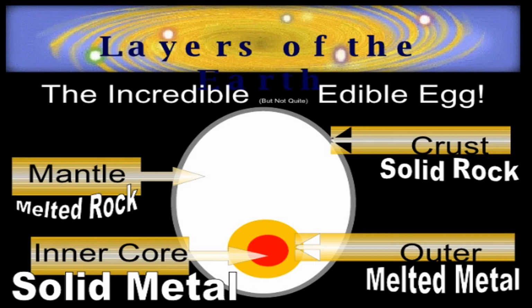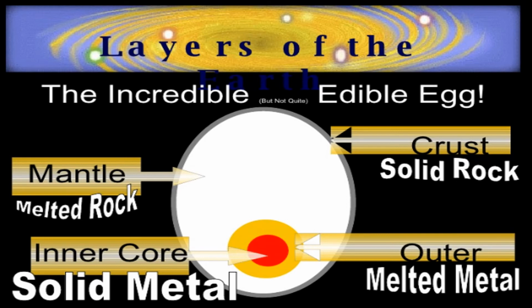The outermost portion of the Earth is called the crust. और इसमें क्या होते हैं? They are solid rocks, on which we live. The place that we walk on is solid rock, right? It's not bumpy or liquidy, it's solid. So the crust is solid.